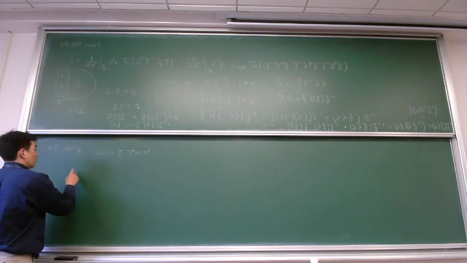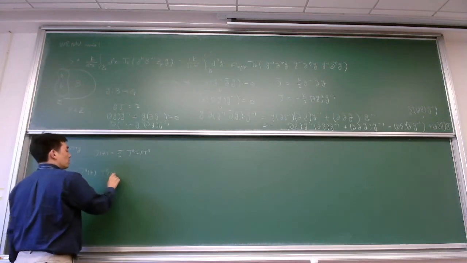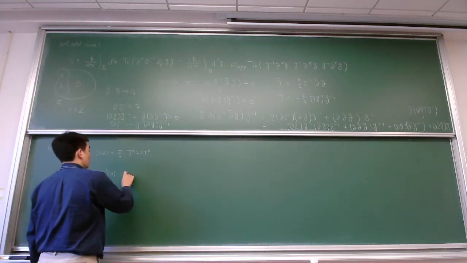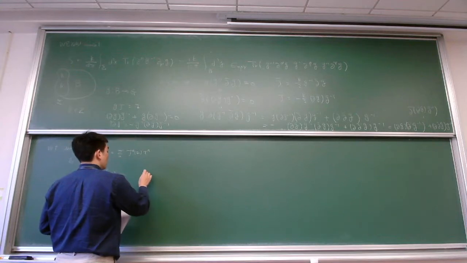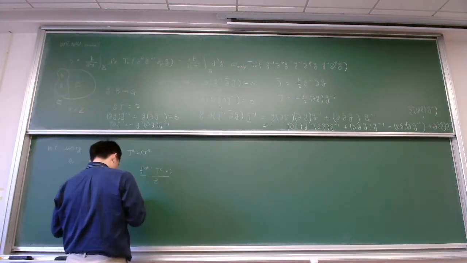From the Polyakov-Wiegmann identity, we showed that the OPE of J^A(z) with G(0) is indeed equal to f^{ABC} G^C(0) over z squared.